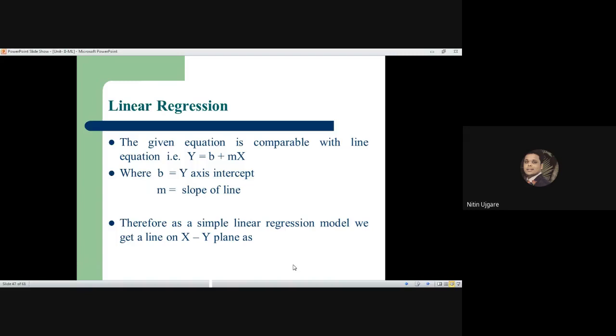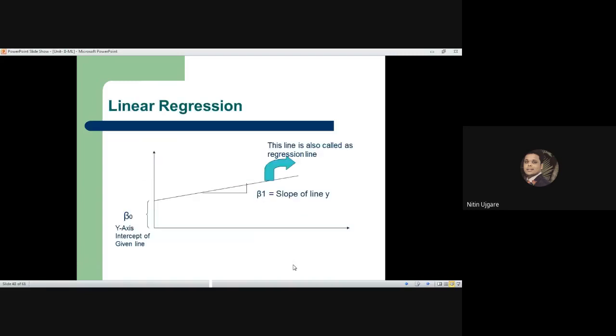Therefore, as a simple linear regression model, we get a line on an xy plane, a two-dimensional plane. This line is represented with slope beta 1 and intercept beta 0 on the y-axis. This line is also called the regression line.